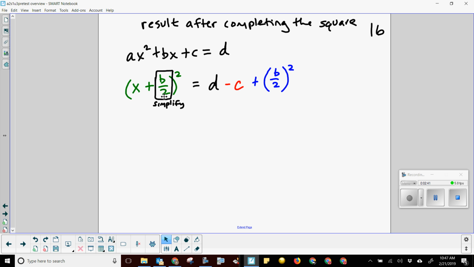The b over 2 is just going to go here and simplify it, if it simplifies. So if it's like 8 over 2, then it's going to be a 4. If it's 7 over 2, it's going to leave as 7 over 2. This sign here should match this sign here. So if this is subtract, then this had to have been subtract.